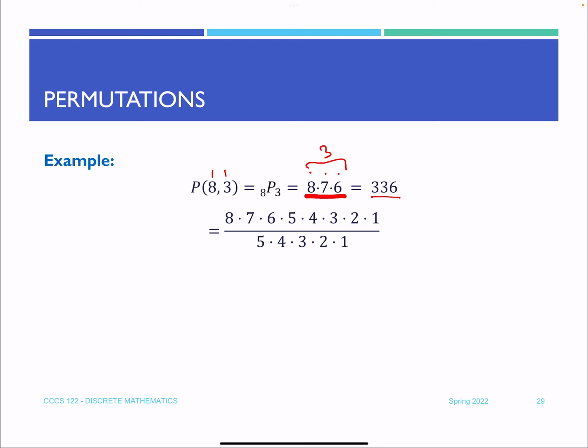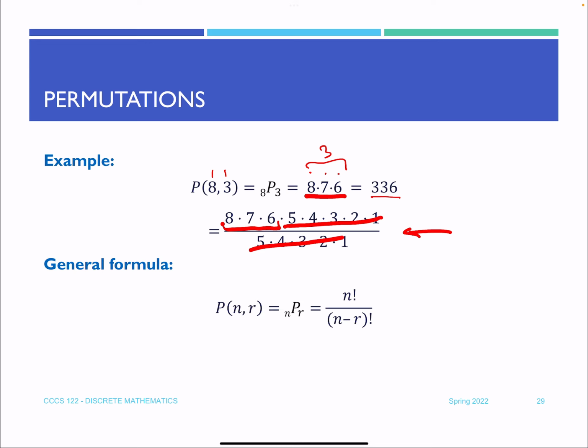And obviously you can see right away that all of these terms cancel out with these terms, and what you're left with is the formula we have from applying the product rule. But the reason we wrote it this way is that generally the formula for permutation is expressed using factorials like this. So P(n, r) or nPr is n factorial divided by n minus r factorial.